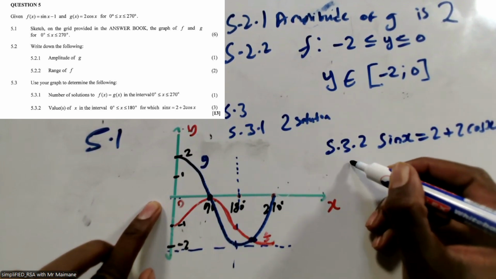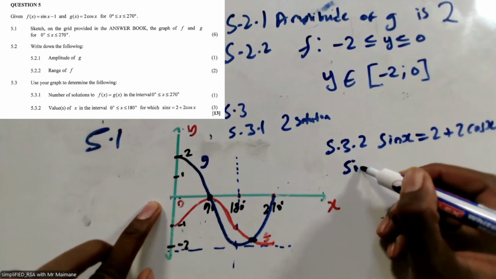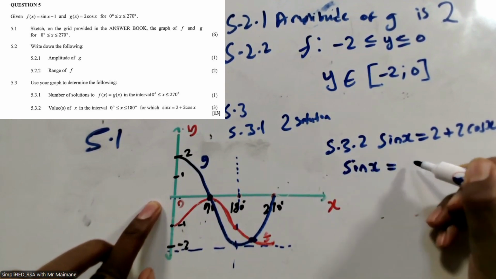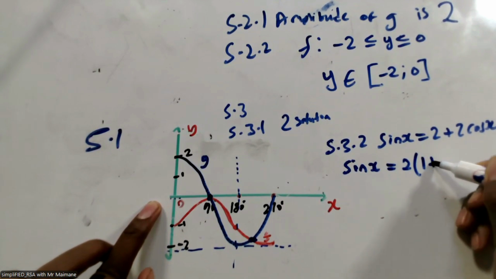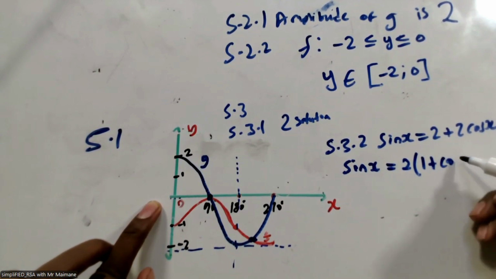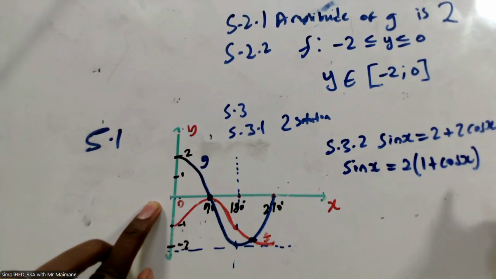Somehow, we can see that this can be simplified to sine x equals 2 if I take a common factor, and then we have 1 plus cos x.